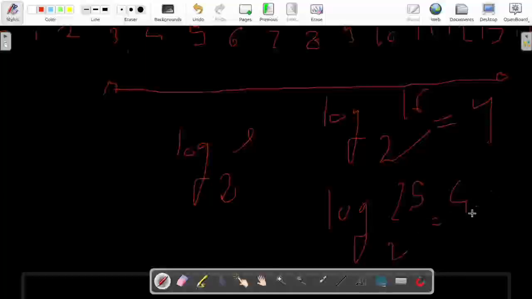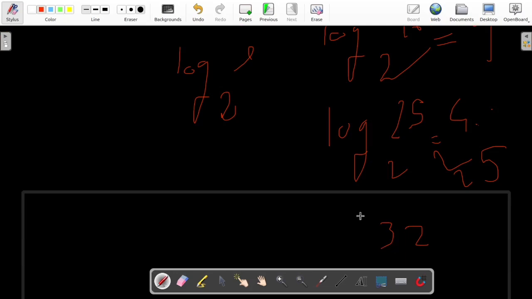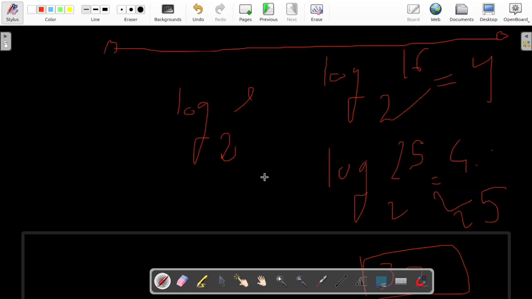That means you need 4 powers of 2, and then some extra to reach 25, or we simply write it approximately as 5. Correct? If you consider 5 powers of 2, that is 2 to the power 5, of course it is 32, greater than 25. If we consider this many powers, we will definitely cross the length 25. That is what this log term tells us.